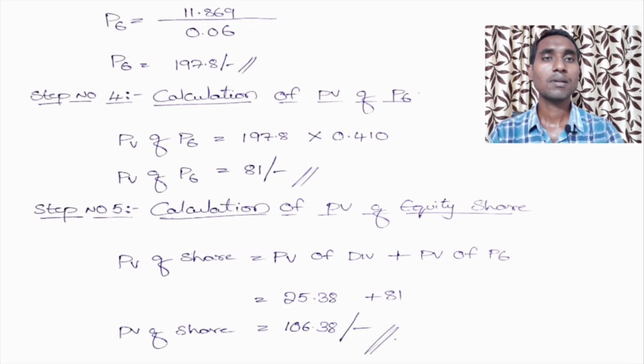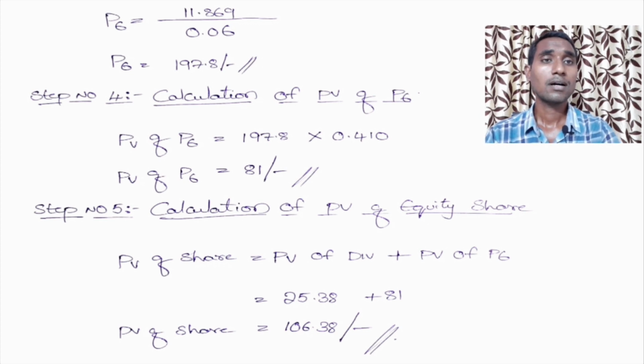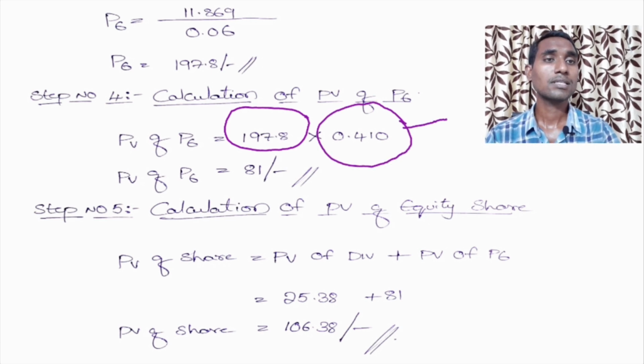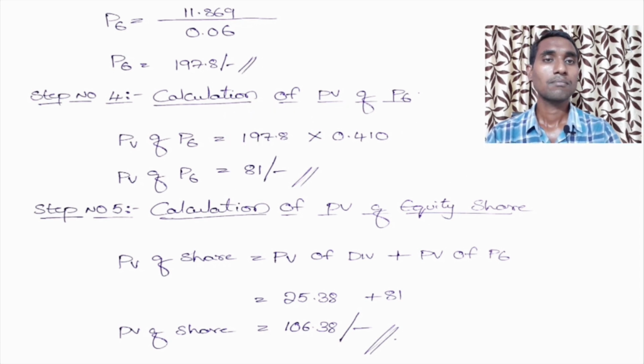Then in step number 4, I will calculate the PV of P6, the present value of P6. I will take the P6 value and the table value from the A3 table and multiply them. I will get 81 as my PV of P6.